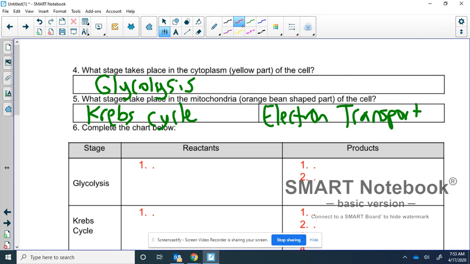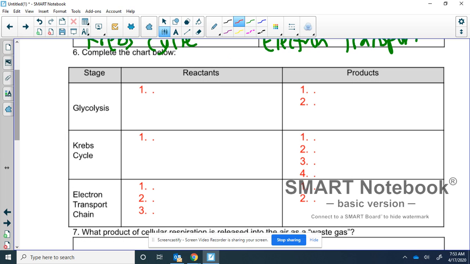Now, the next part of our assignment is going to ask us to do reactants and products. Remember, the reactants are the arrows going in and the products are the arrows coming out. This is going to be the main part of your quiz, so I would really pay attention to the answers as we go over them. First part asks us, what are the reactants and products of glycolysis?